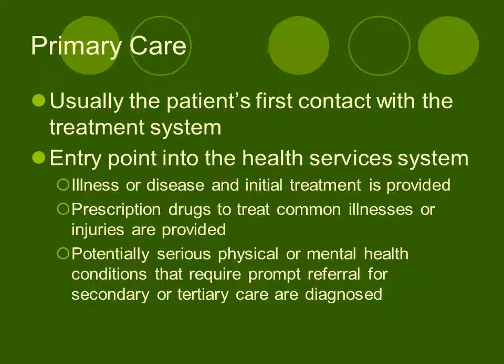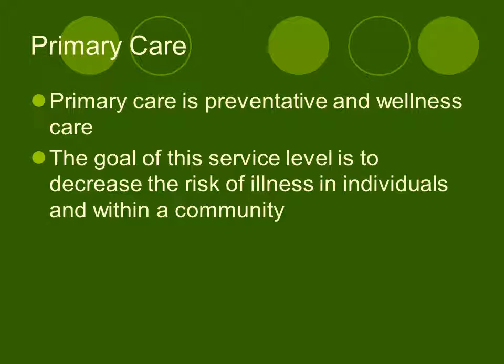Okay, so basically, a primary disease prevention level is usually initiated by a visit to the physician's office, meaning that an illness or a disease or something of that nature brought you to the office in the beginning. So at that moment, this is like your entry point into the health services system.